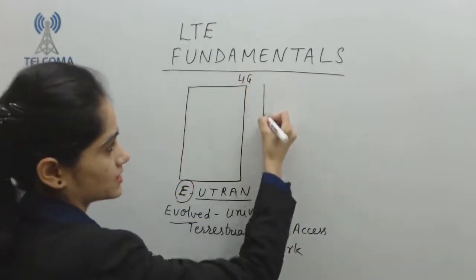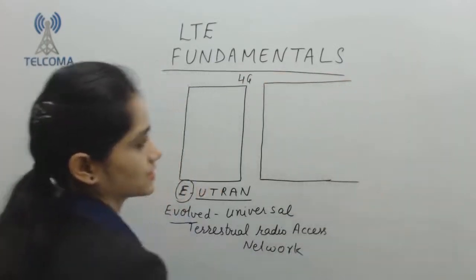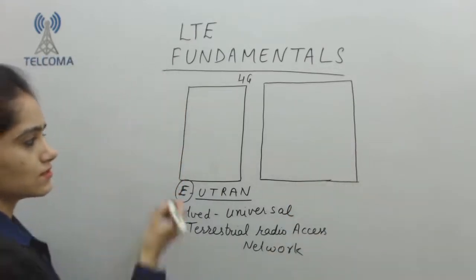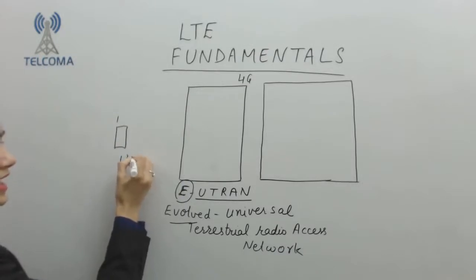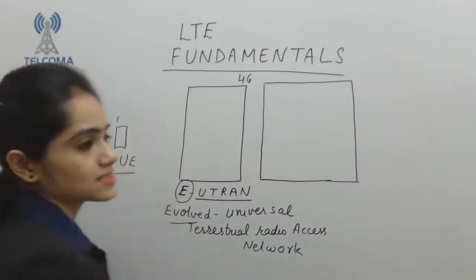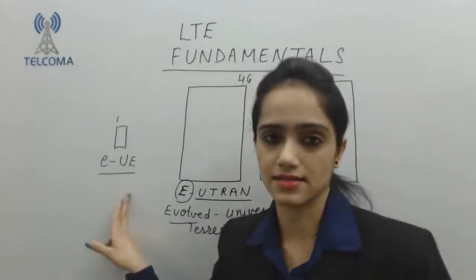Now it should be connected to a core network. And here is my UE, user equipment. I will write here EUE, and this EUE is the evolved user equipment, which is the LTE handset.